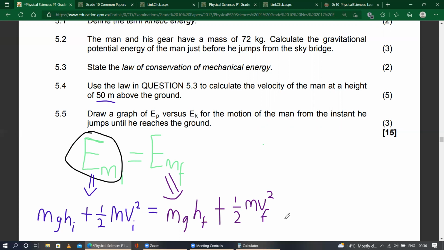So do you see it now? Yeah. Then all you have to do is substitute in the initial and final values.